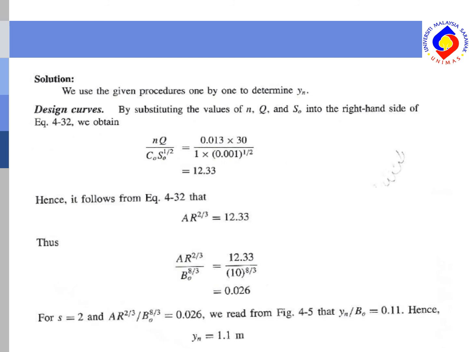So to calculate the yn, like I mentioned earlier, we need to calculate the value of AR to the power of 2/3 divided by b to the power of 8 over 3.